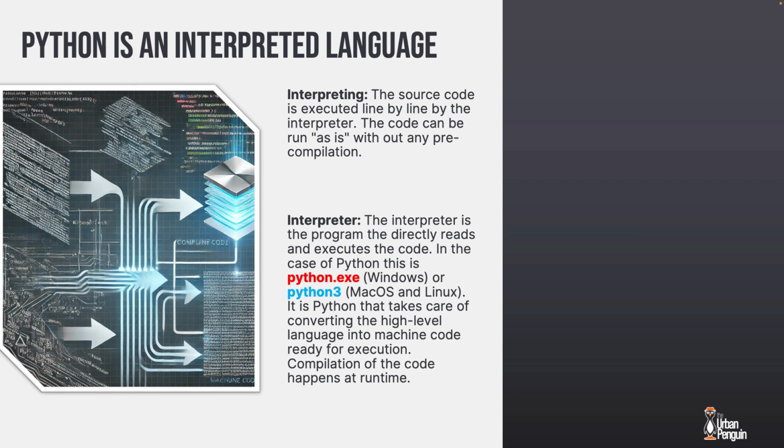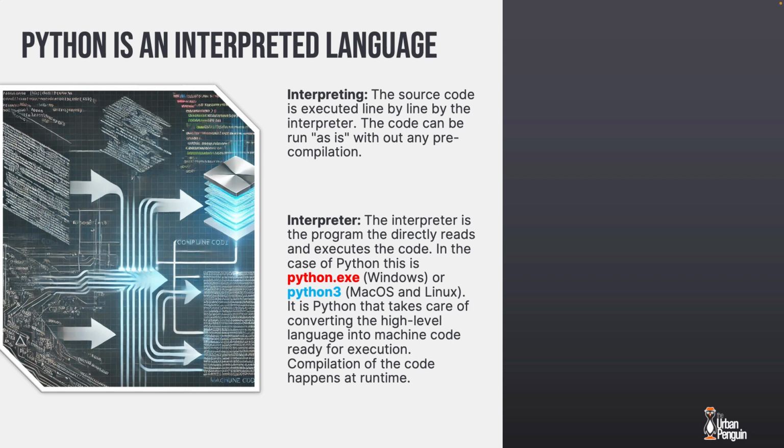The interpreter is the program on your computer system that directly reads and executes the code. In the case of Python, this is going to be python.exe when we're talking about Windows, or in Mac OS and Linux, it's often going to be Python 3 as the executable.